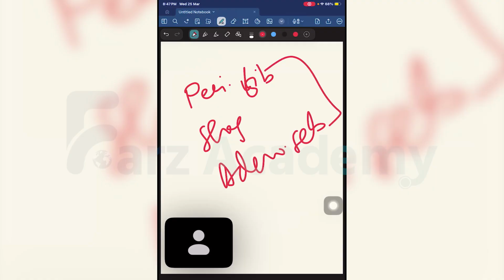Tuberous sclerosis. Autosomal, recessive or dominant? Autosomal dominant. Very good. It's autosomal dominant.